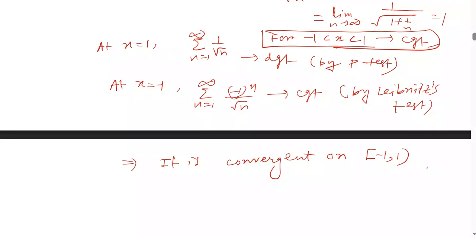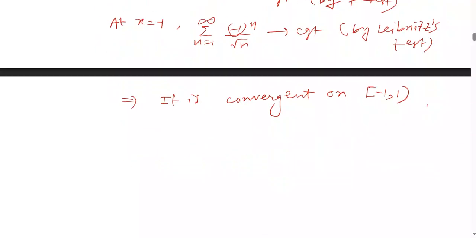Okay. Second one, b_n is 1 by n for second series, second power series. Therefore, limit 1 by r equal to limit n tends to infinity b_(n+1) by b_n.